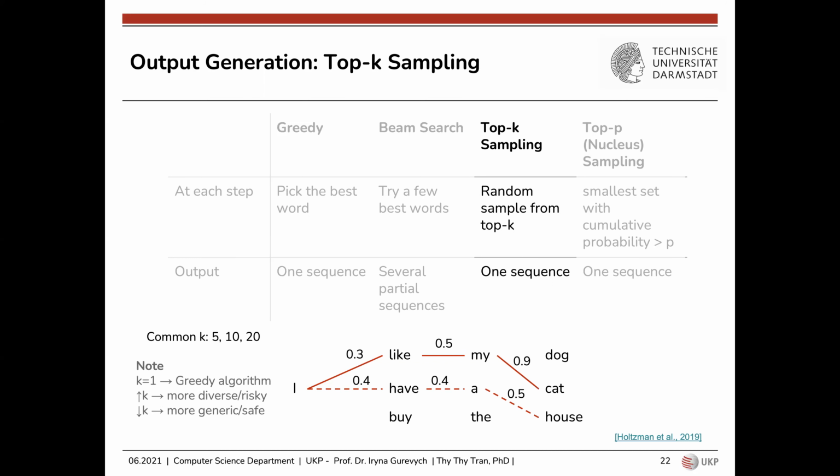So when K equals 1, that is the greedy decoding method that we introduced in the previous slide. When we increase K, we get more diverse output, but also more risk, as we may sample unrelated tokens.